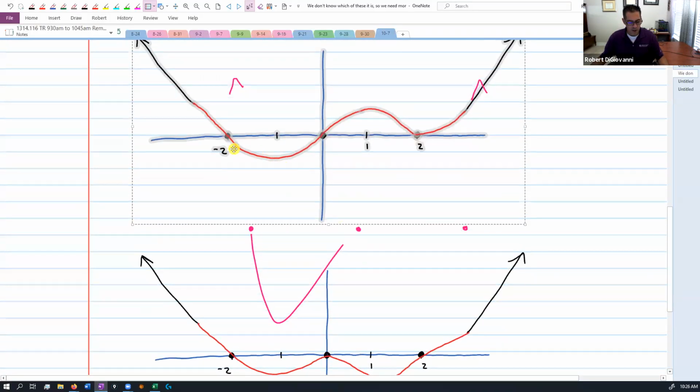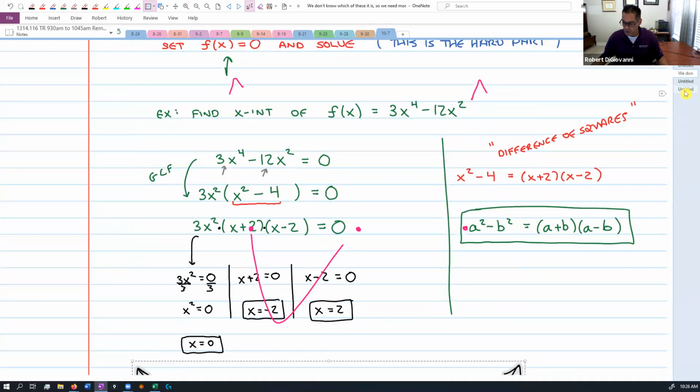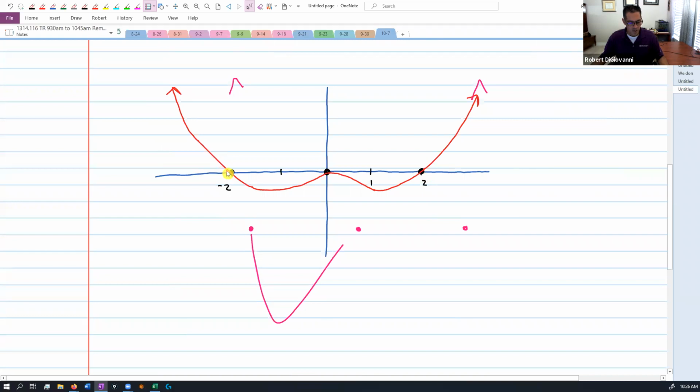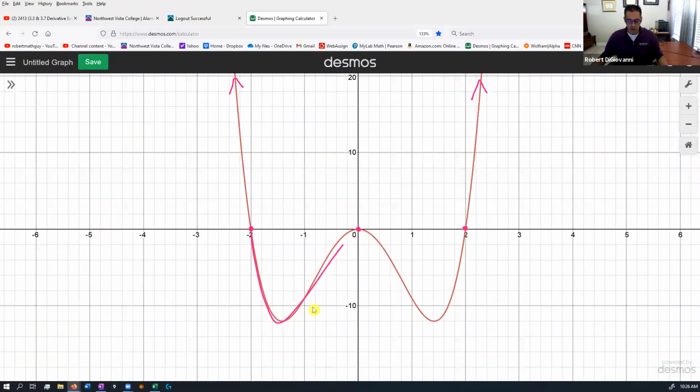Wait, this was not my picture. Where was my picture? Here we go. Here was my picture. So do we go below and then come back and bounce off? We do, right? So our picture is not perfect, but it's good enough, all right?